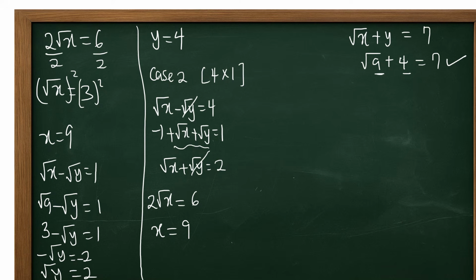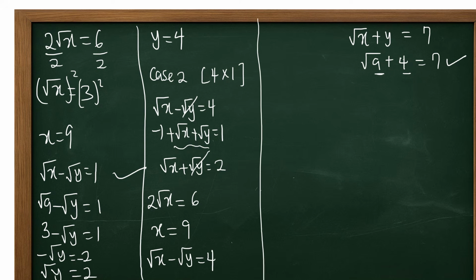Now let's confirm. For you to confirm this, plug it into this given equation again. But in this case, you're going to have the square root of x minus the square root of y now equals 4. We want to confirm if this is going to be true, because this is the given equation.